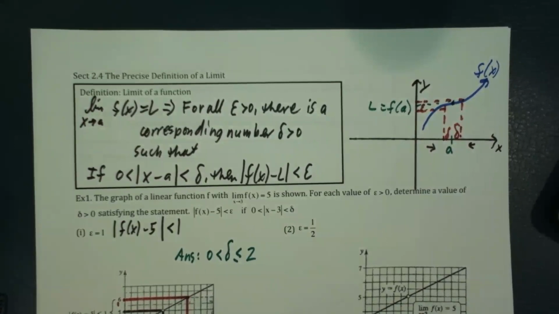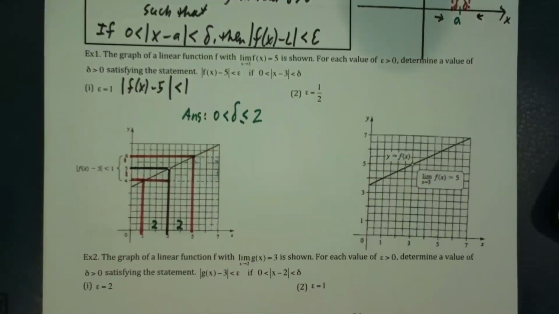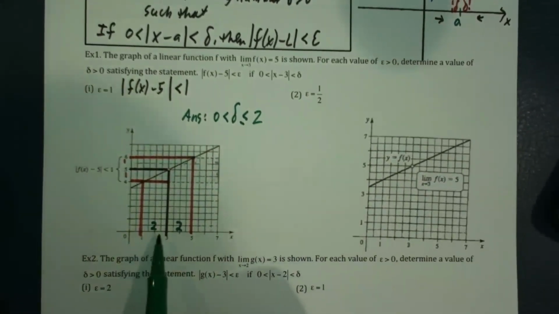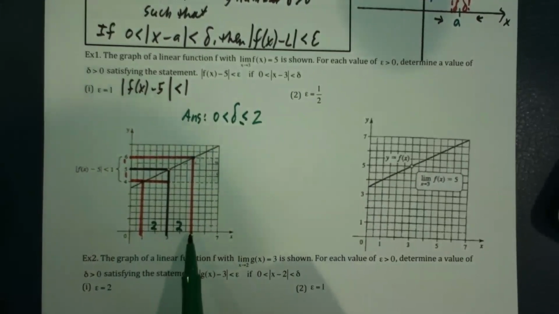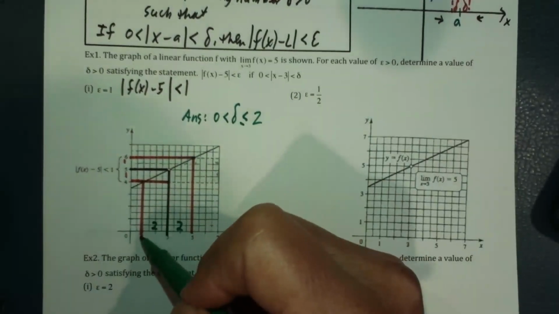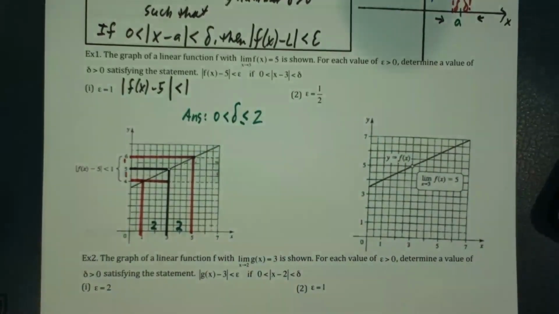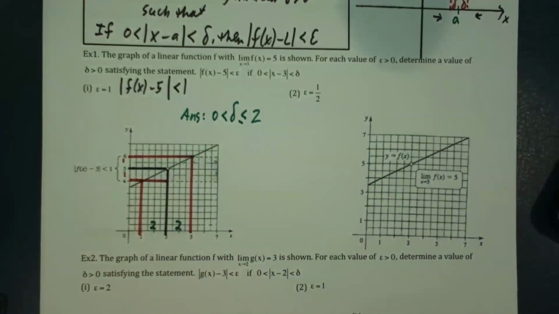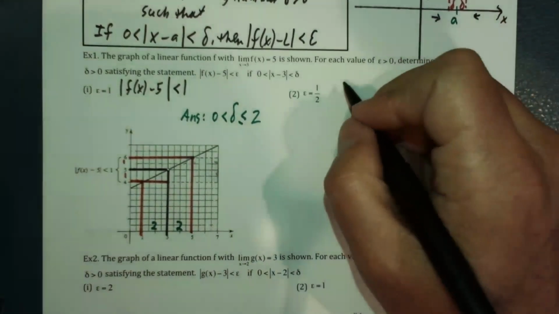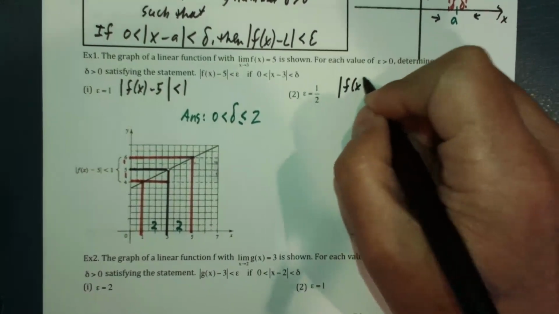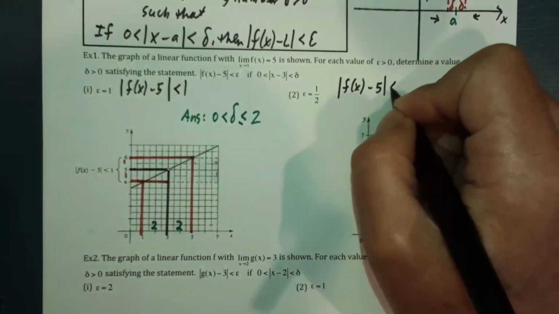Now we're going to do the same problem. So distance of 2 here, distance of 2 here. And here's our 1, 3, and 5. There we are. Let's redo it with this, except now what we're going to say is f of x minus 5 is now less than 1/2.